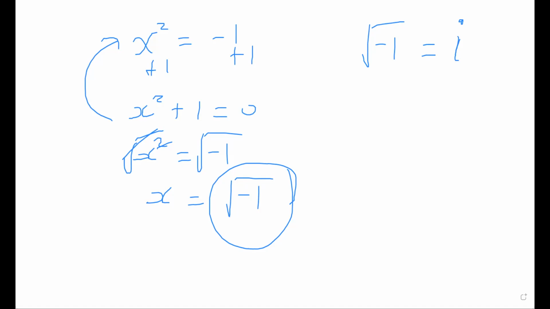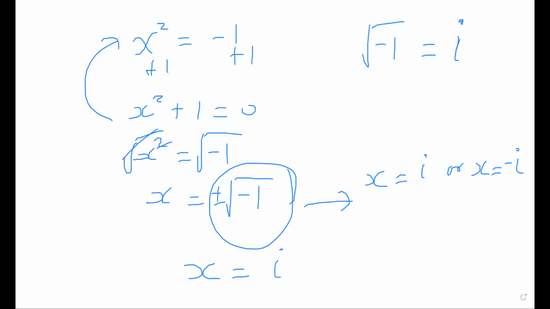So here we're going to say x equals i. With this definition, we could say x equals positive i, or x equals negative i, because of the square root, plus or minus. That's what we are saying. So we are going to provide a general form of complex numbers.